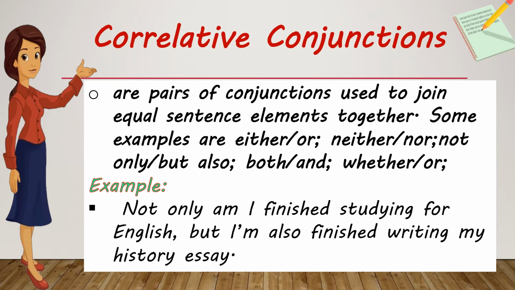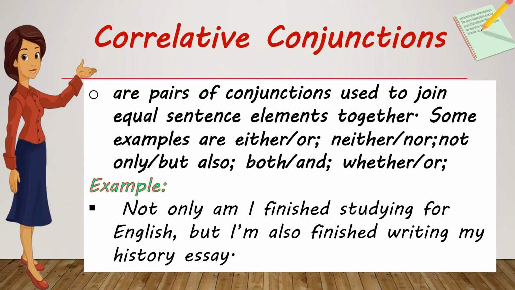The next is the correlative conjunctions. These are pairs of conjunctions used to join equal sentence elements together. Some examples are either or, neither nor, not only but also, both and, whether or.